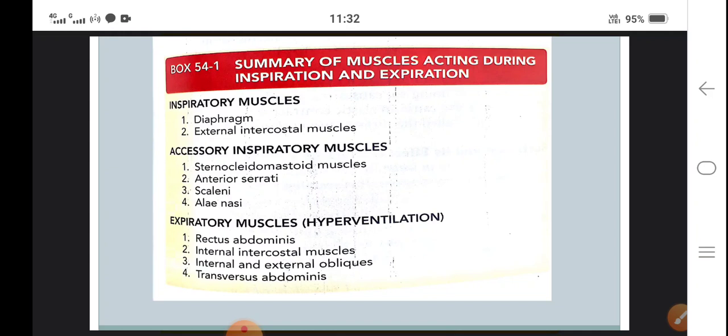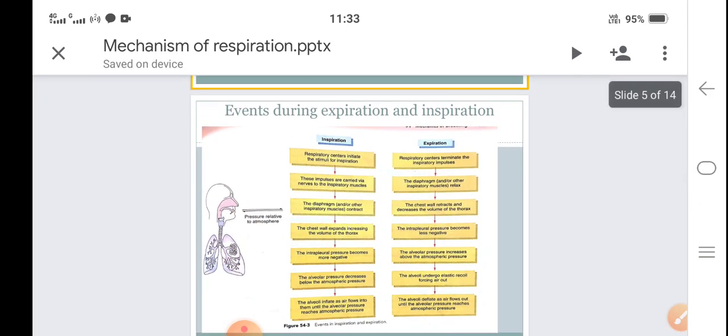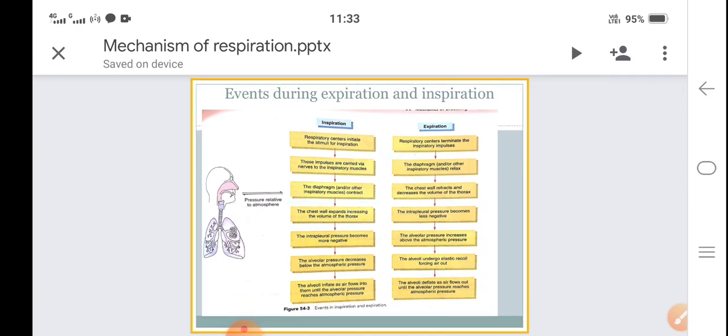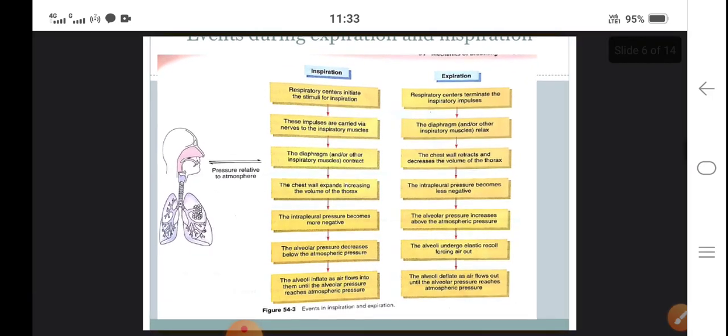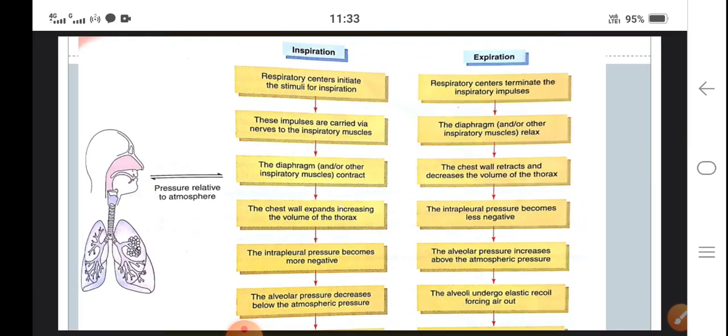These muscles are the rectus abdominis, internal intercostal muscles, internal and external oblique muscles, and transverse abdominis. These are a few of the events during expiration and inspiration, which are explained after knowing the pleural pressure and its changes during respiration.